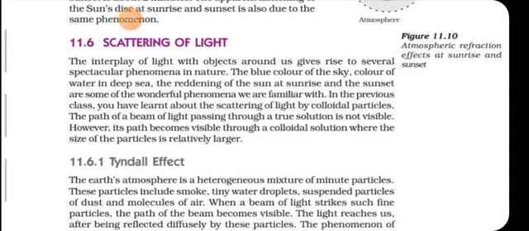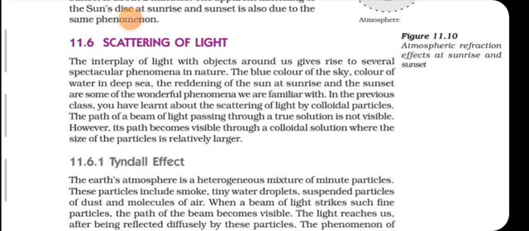The interplay of light with objects around us gives rise to several spectacular phenomena in nature. The blue color of the sky, color of the water in the deep sea, the reddening of the sun at the sunrise and the sunset are some of the wonderful phenomena we are familiar with.